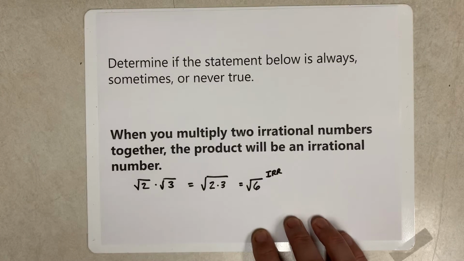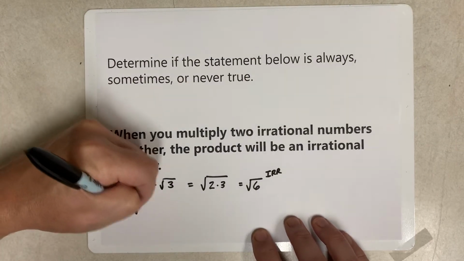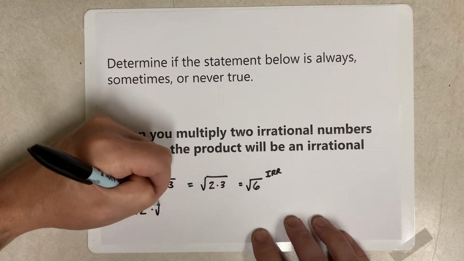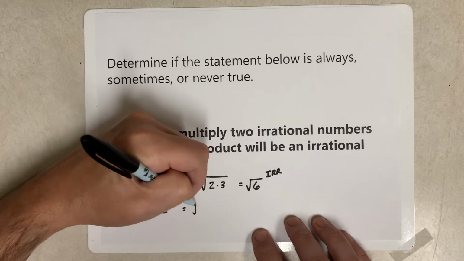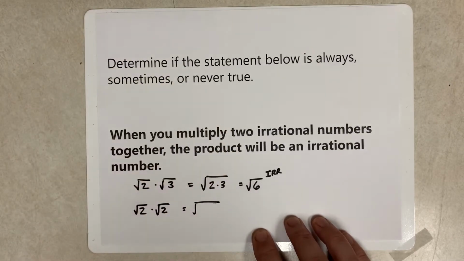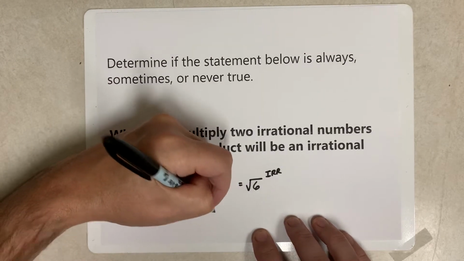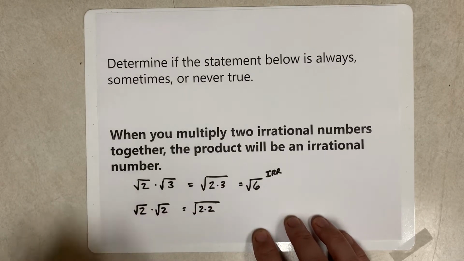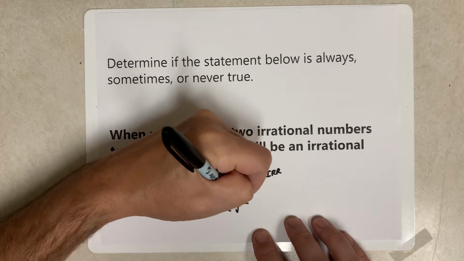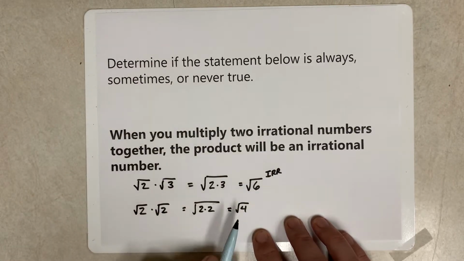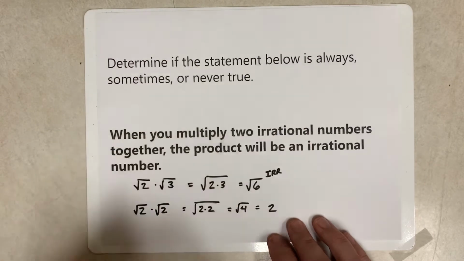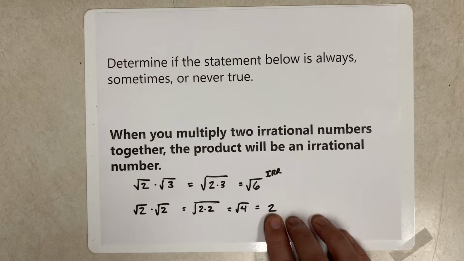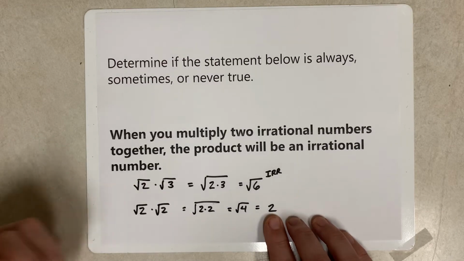So that one is irrational. Okay? So let's try another example. How about if we just take the square root of 2 times another square root of 2, though? What happens here? Well, if we do that, by the same rule, we're going to get 2 times 2 underneath the square root, but 2 times 2 is 4. But the square root of 4 is 2. And so we get 2 here for this one. 2 is what? Let's talk about that. That's going to be a natural number, right?